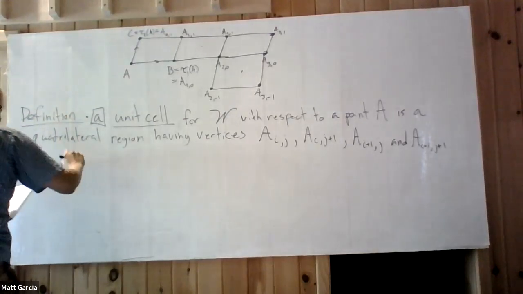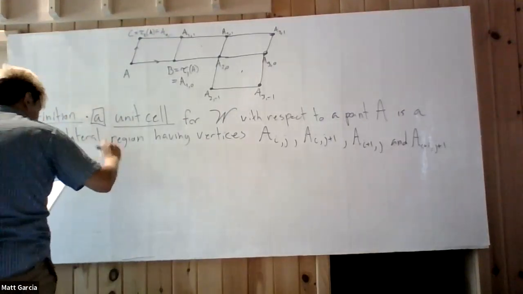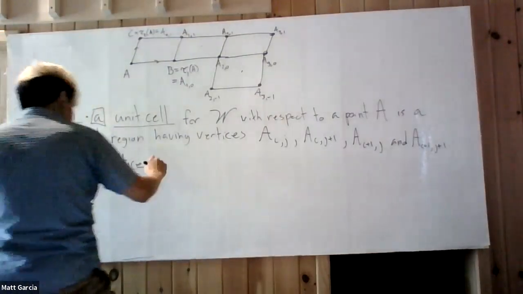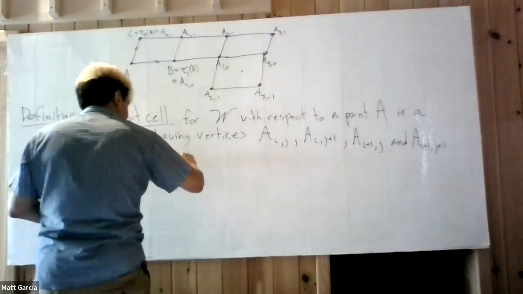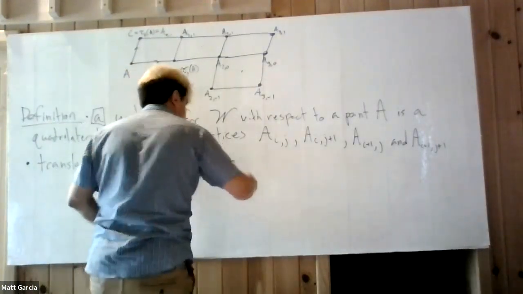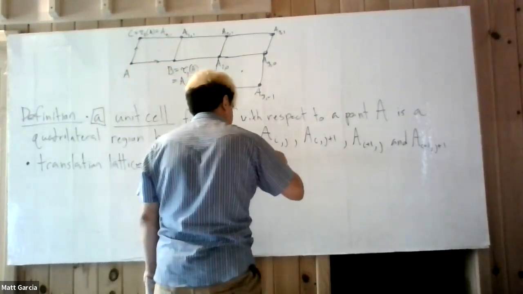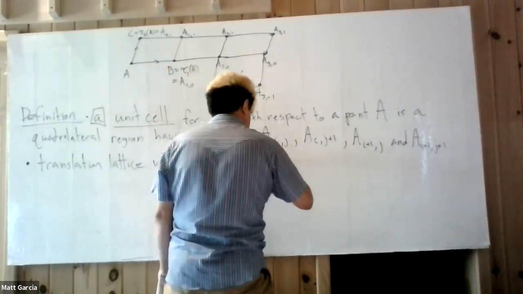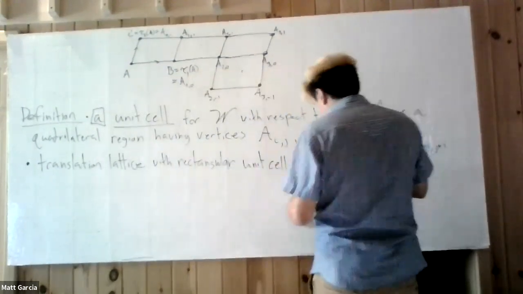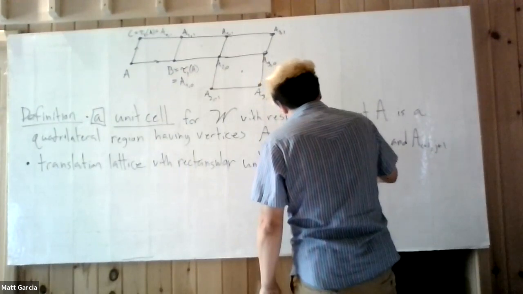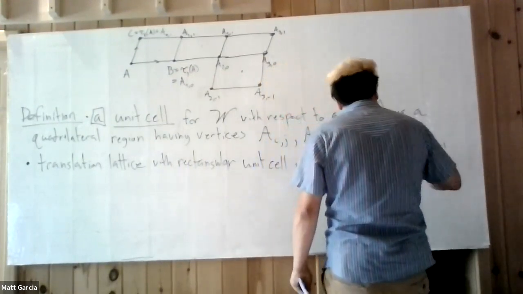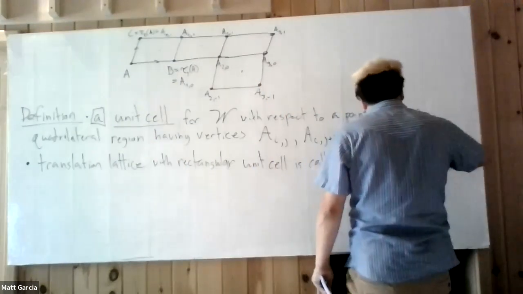A translation lattice with rectangular unit cell is called rectangular.